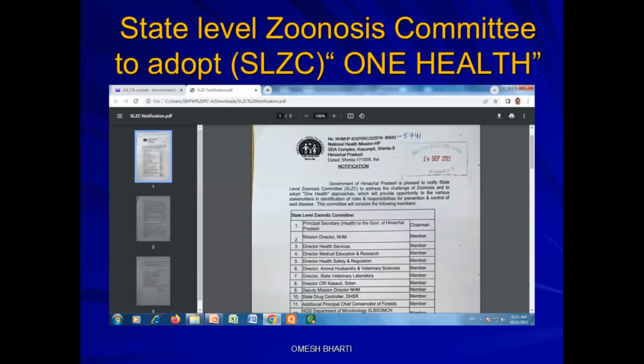So now what is the way forward? We may be the first state in the country to adopt a state level zoonotic committee. These committees are a collaboration of the system with the people who matter.